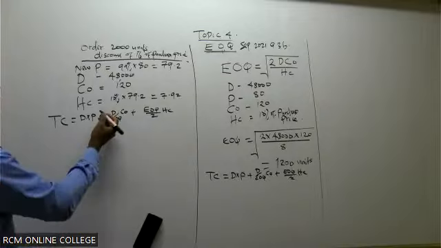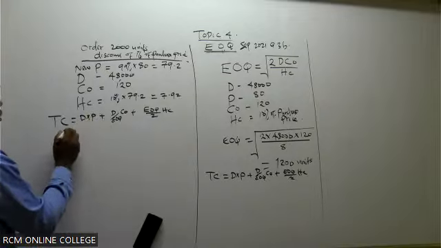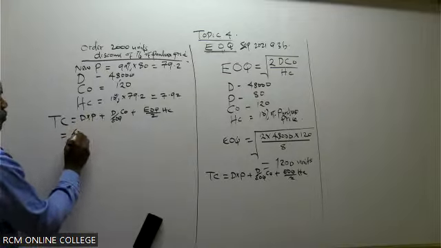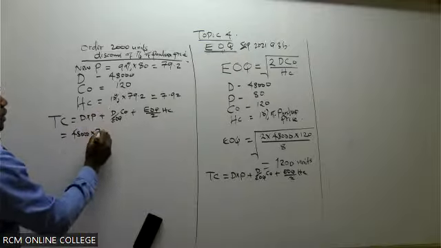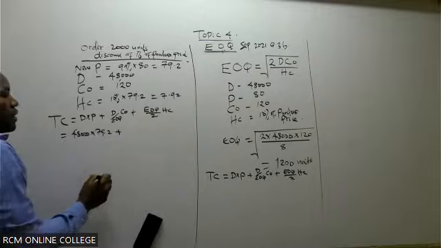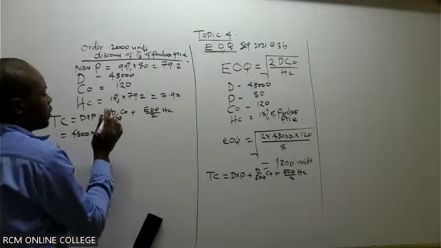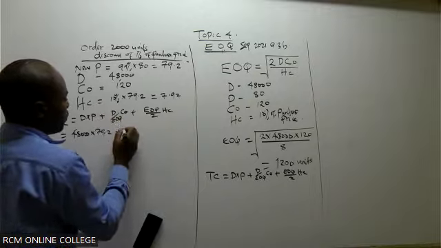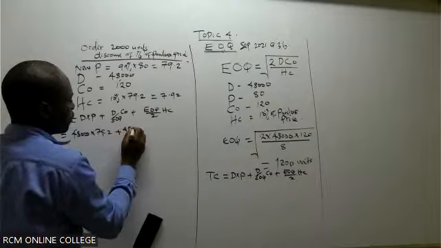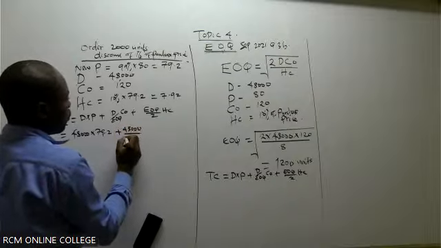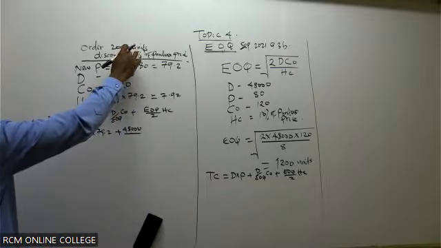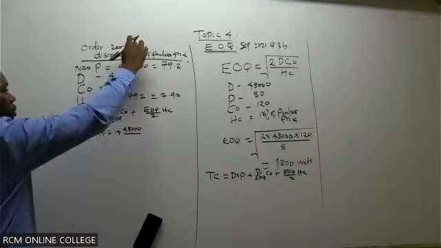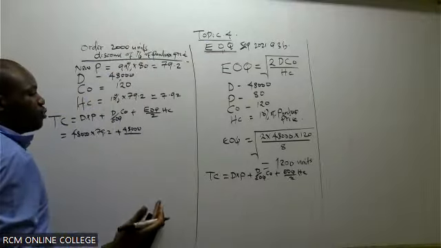So we now come here. Do we have demand? Yes, 48,000 times the purchase price, which you've given me as 79.2, plus demand, which will still be 48,000, divided by the quantity, which is 2,000, the new quantity that has been proposed.